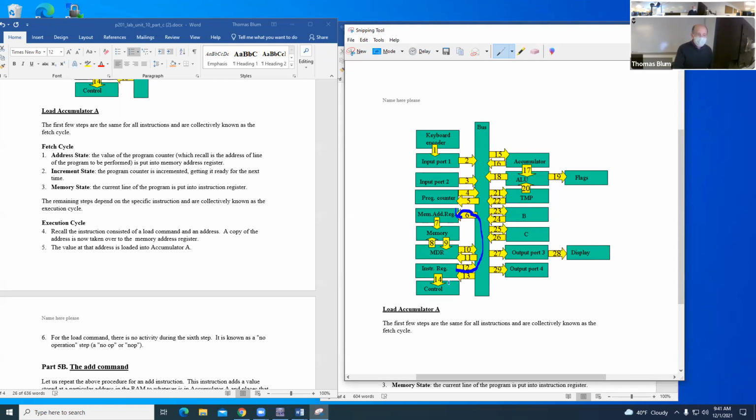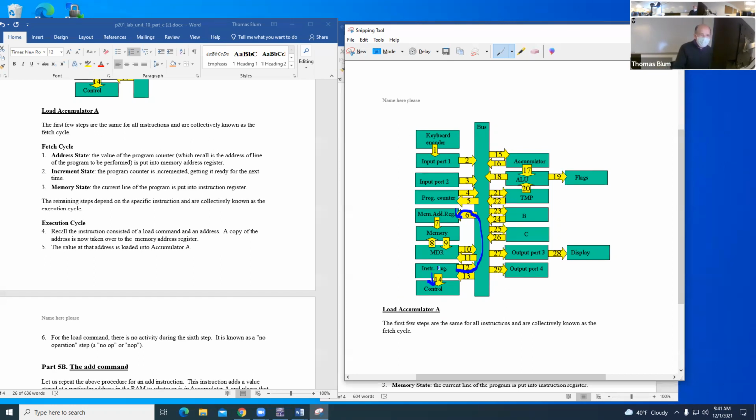In the execution cycle, the instruction register is telling control what it is we're doing now. Before we were sort of on autopilot. In the fetch cycle, we're kind of on autopilot, and we need to just do what we always do. But now that we have the instruction, we have to differentiate to do the actual instruction.